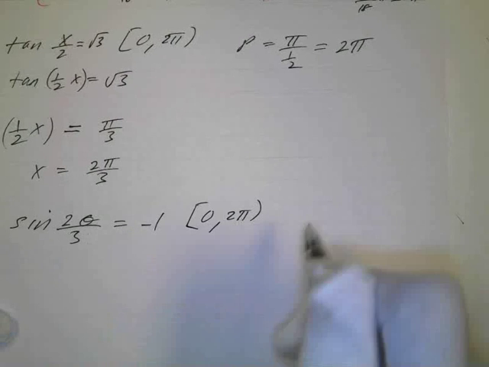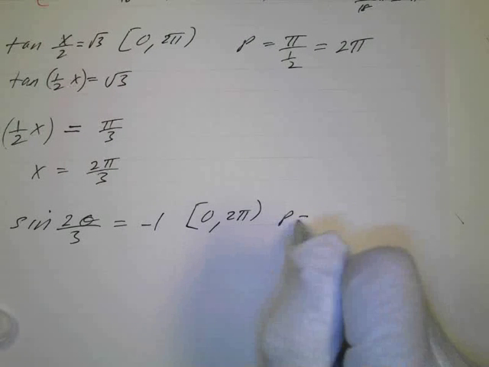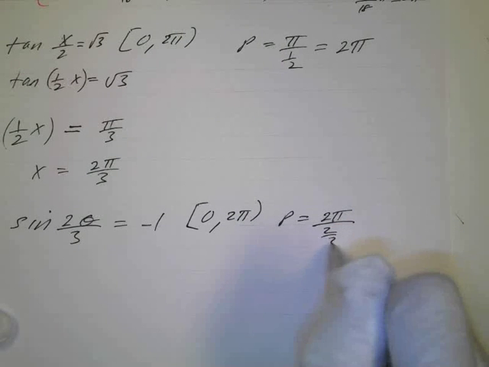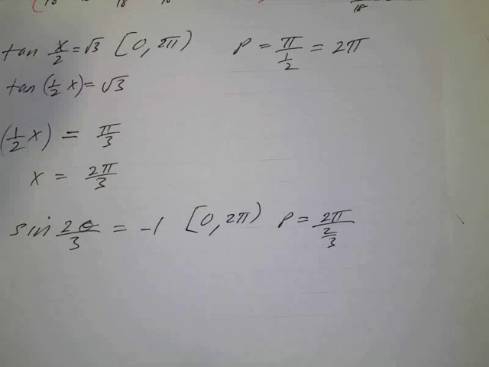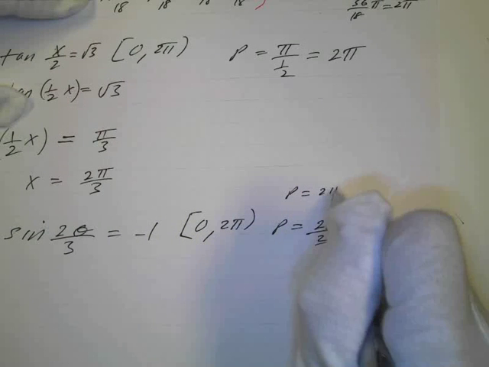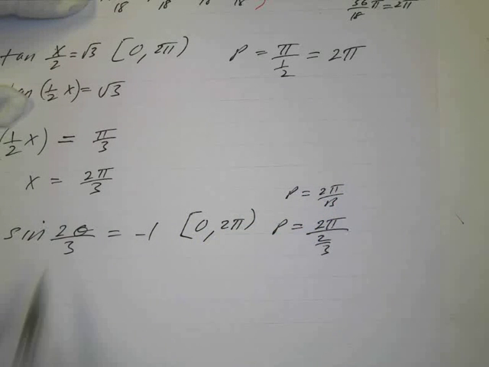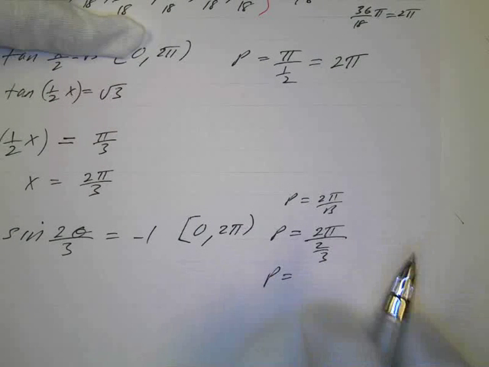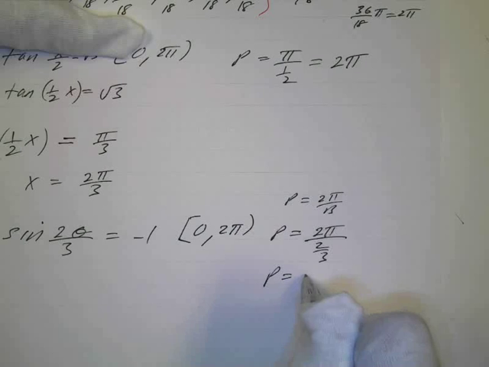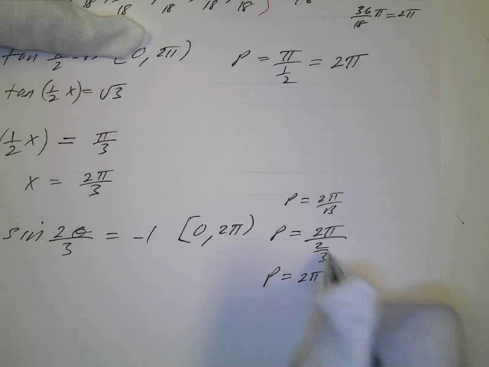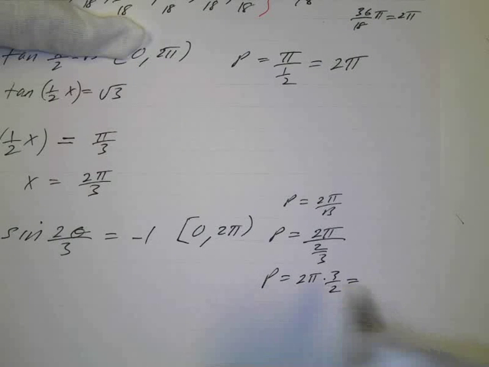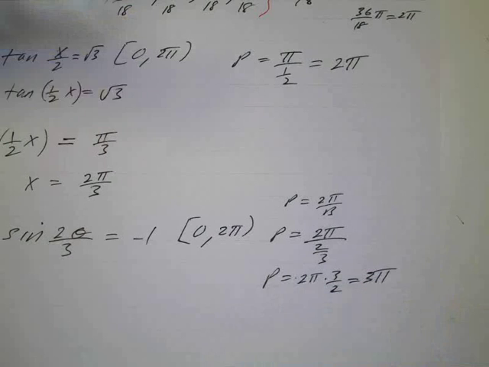And remember, this is the same thing as 2/3 times theta, so b equals 2/3, so the period equals 2 pi over b, or 2 pi over 2/3. If we invert and multiply, we've got 2 pi times 3 over 2, so that means the period is going to be 3 pi.